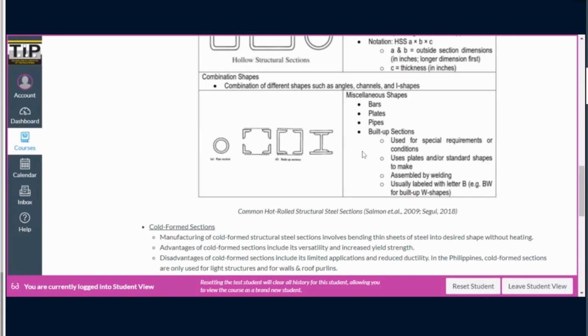So how are these plates connected? For example, we use welding. We do some welding to connect these plates or these shapes in order to form a larger shape.